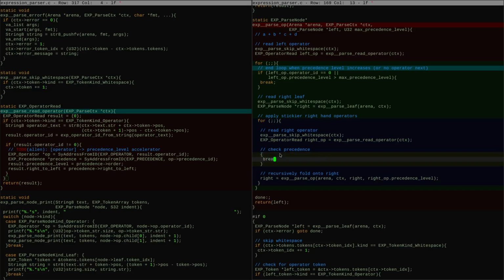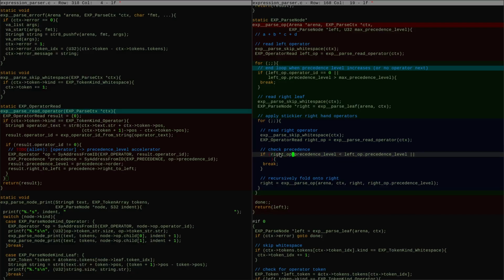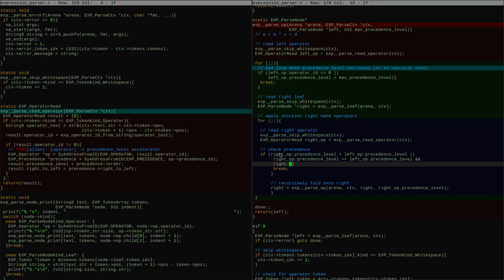And the check here is basically that the right op precedence level is strictly stickier than the left, or they're equal and right to left. So those are the conditions under which I want to keep on recursing.